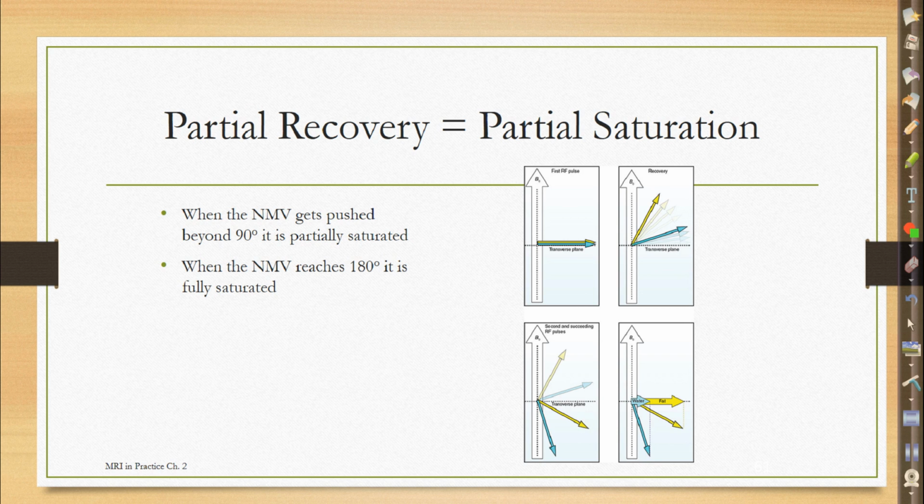All right, there's one last concept we have to learn for this unit, and it's called partial and full saturation. It's best shown through diagrams, like a lot of things in this.